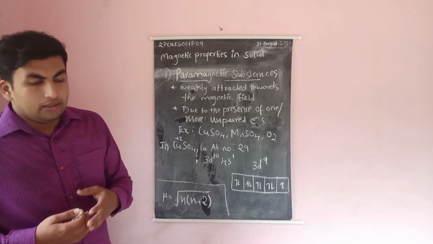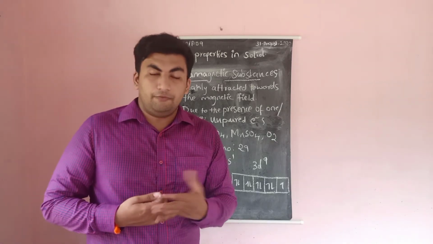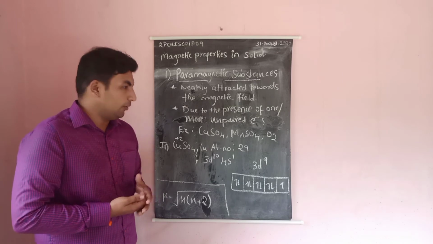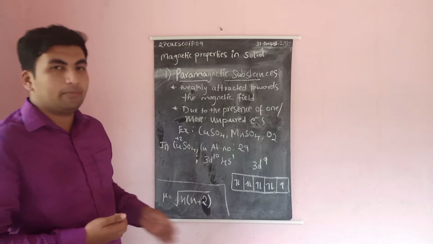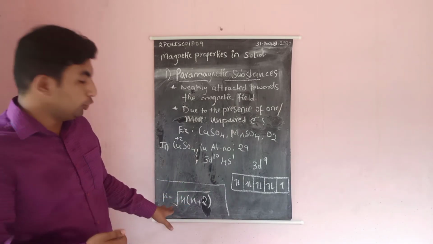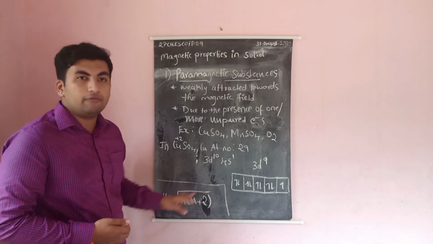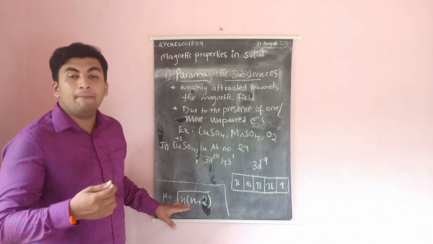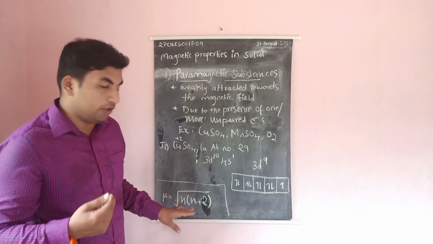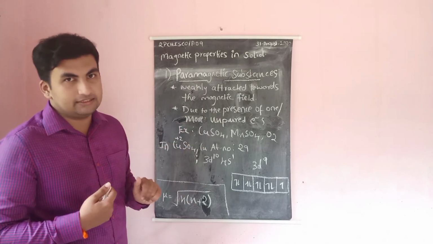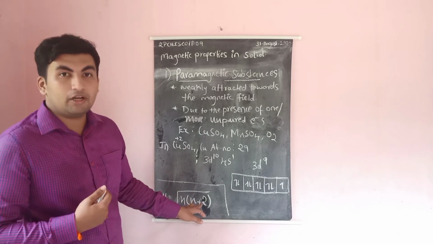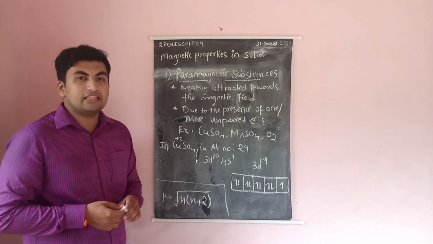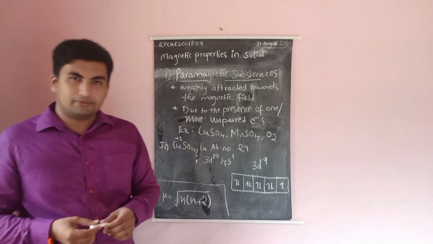The strength of the magnetic behavior, that is the magnetic moment, we can calculate by the equation mu is equal to square root of n into n plus 2, where n is the number of unpaired electrons present in the substance. This is about the paramagnetic substances.